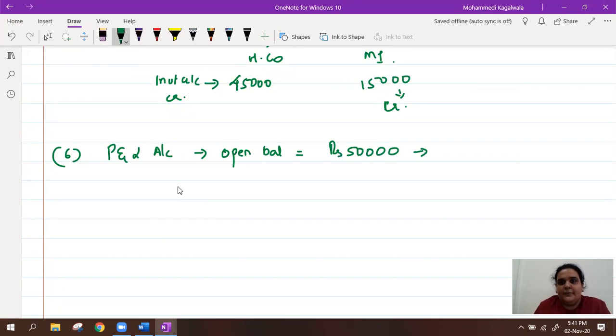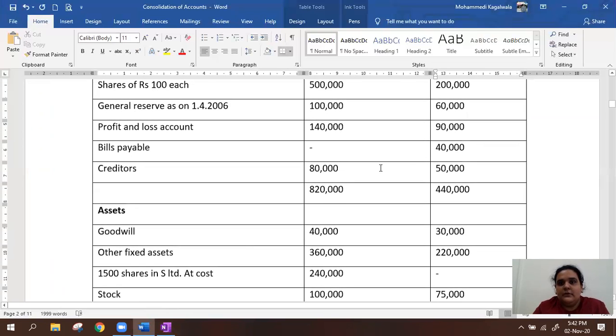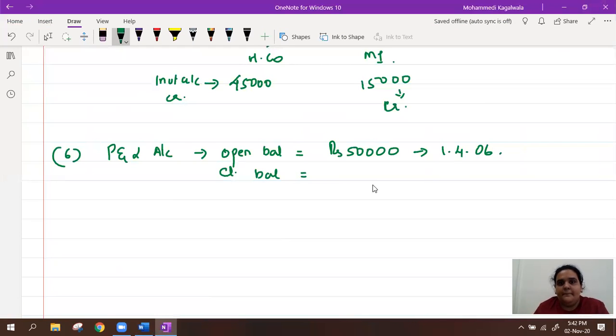How did I come to know it's the opening balance? They have given me the date. Closing balance is equal to what is given in the balance sheet, 90,000, as on 31st of March 2007. So how will we do this?